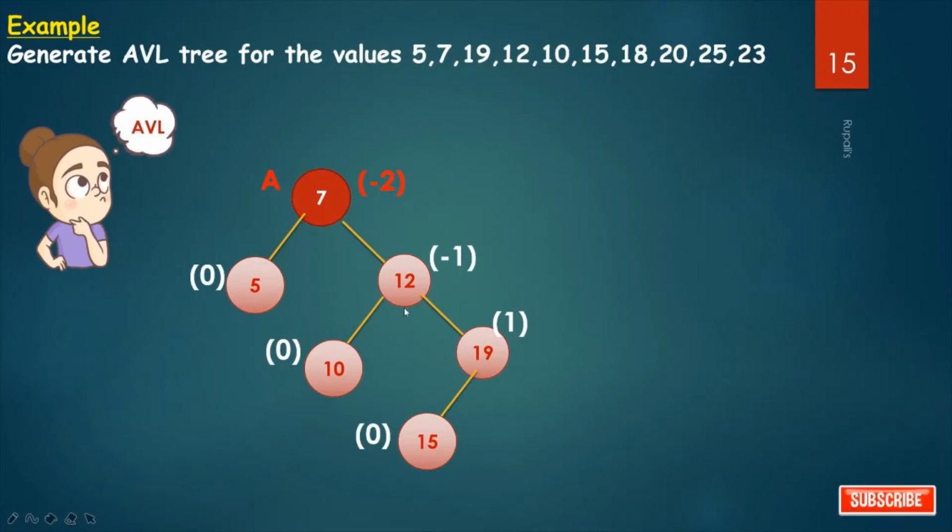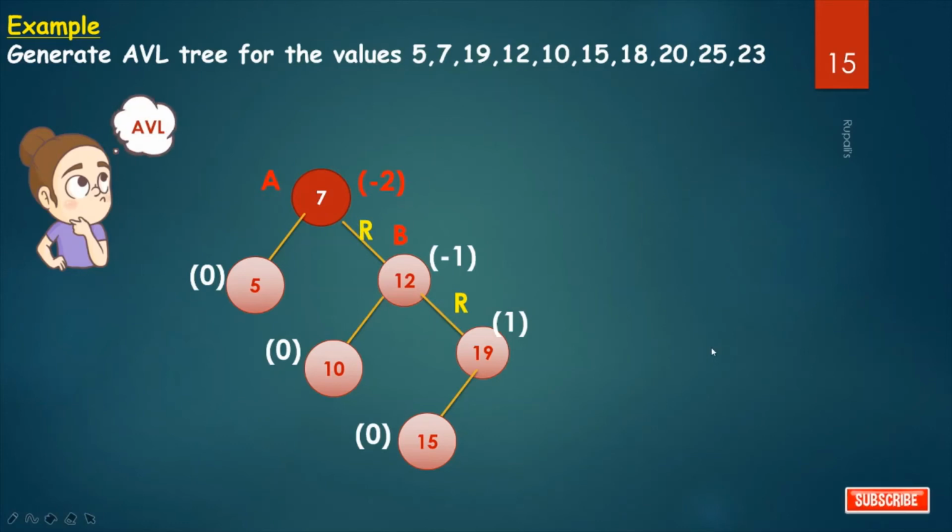So this one is our B node. After that, which rotation do you have to give? Is it RL rotation, LR rotation, RR rotation or LL rotation? See, it is RR rotation. So in this path it is RR rotation.